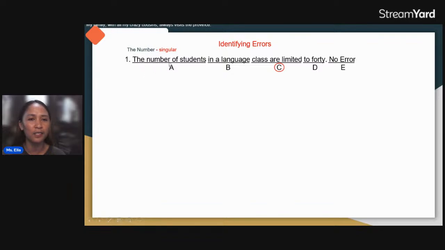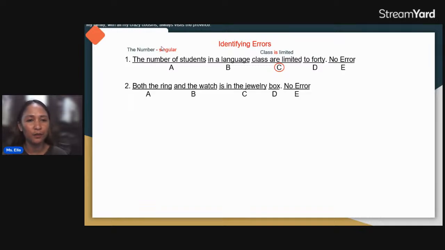Since it functions as one, the number is singular, and we must take the singular verb is. So it should be: the number of students in a language class is limited to 40, because the number of students functions as a single group, or one only. That means it's singular. Okay, next.